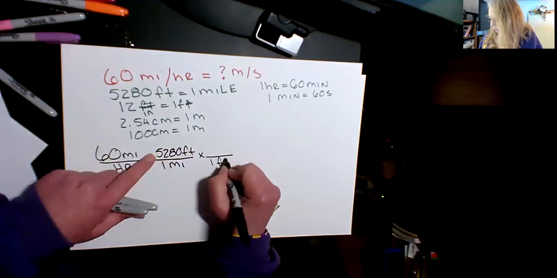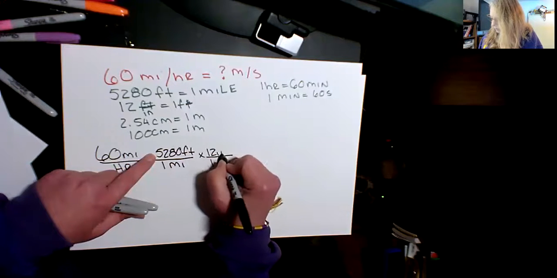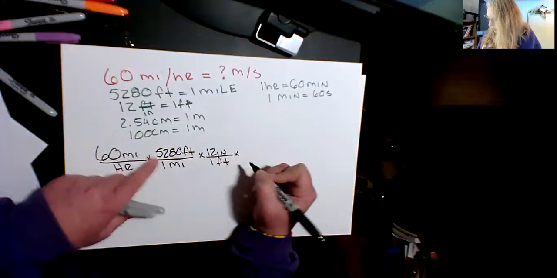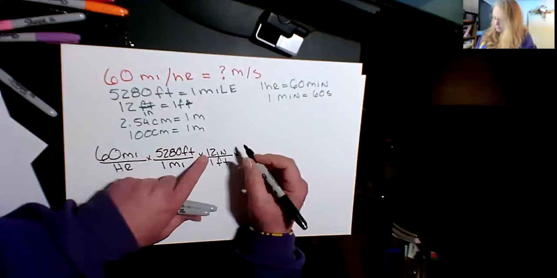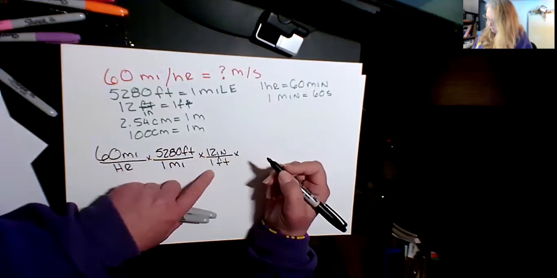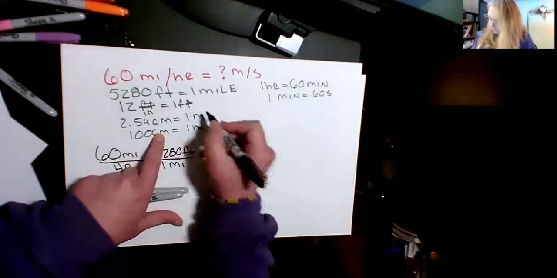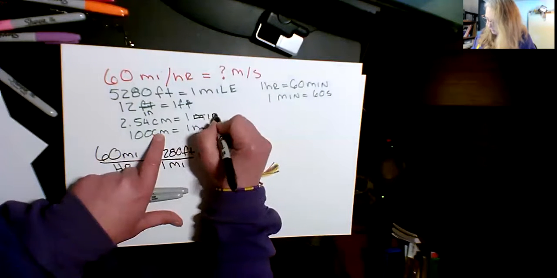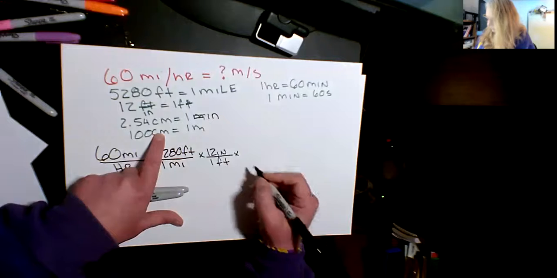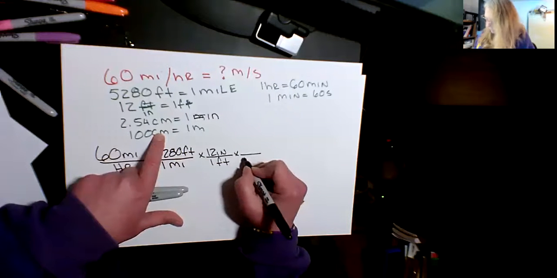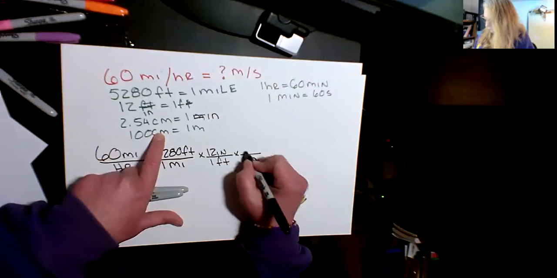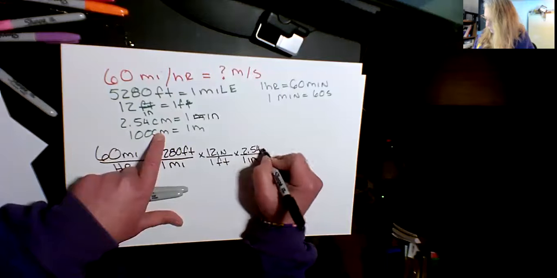In 1 foot there are 12 inches. Now I want to go inches to centimeters. In 1 inch, there's 2.54 centimeters.